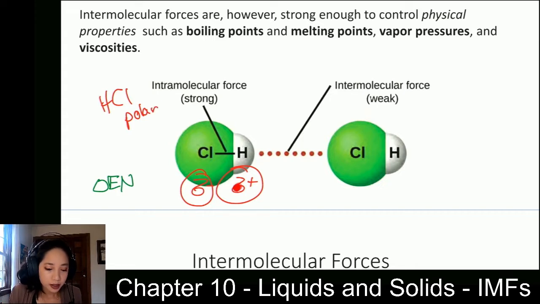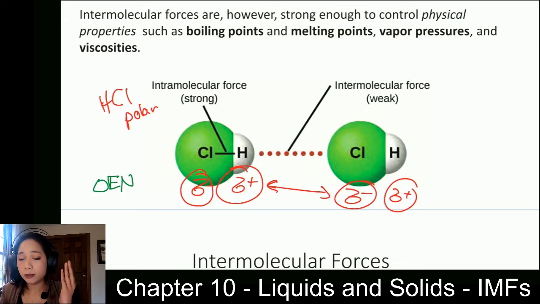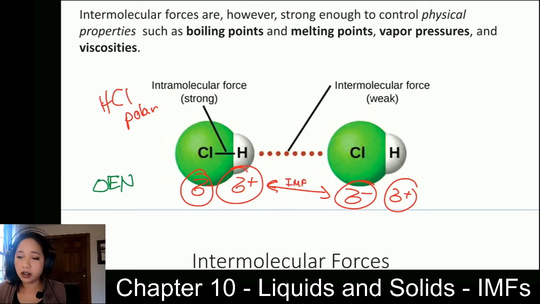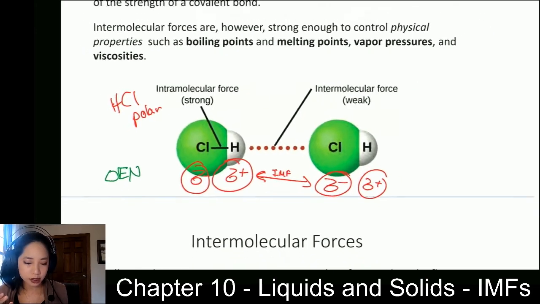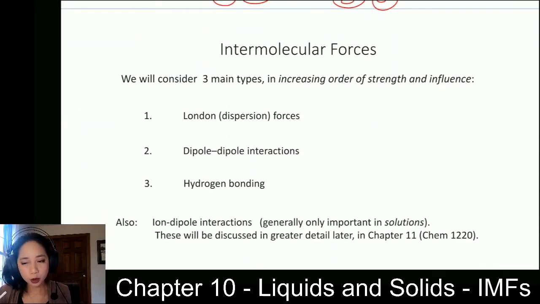Since HCl is polar, if you bring another polar HCl molecule close by, you can see there is an attractive interaction between the partially positive end of one HCl and the partially negative end of another. This interaction between different HCl molecules gives rise to intermolecular forces. That's one type of intermolecular force that we'll talk about, between polar molecules.